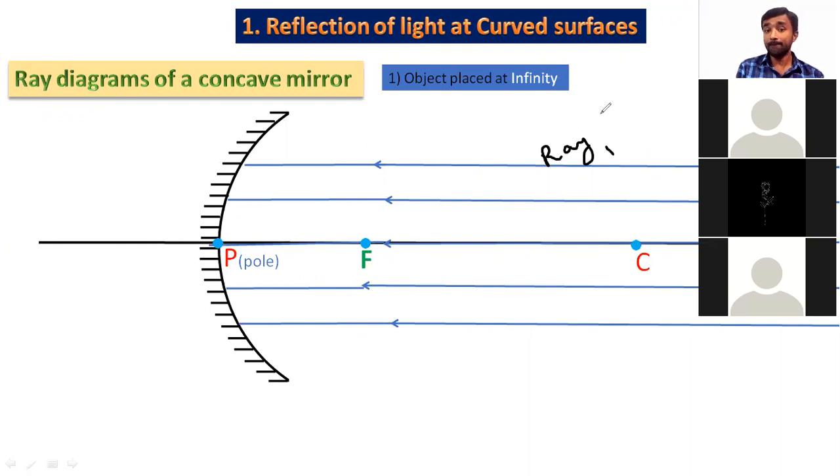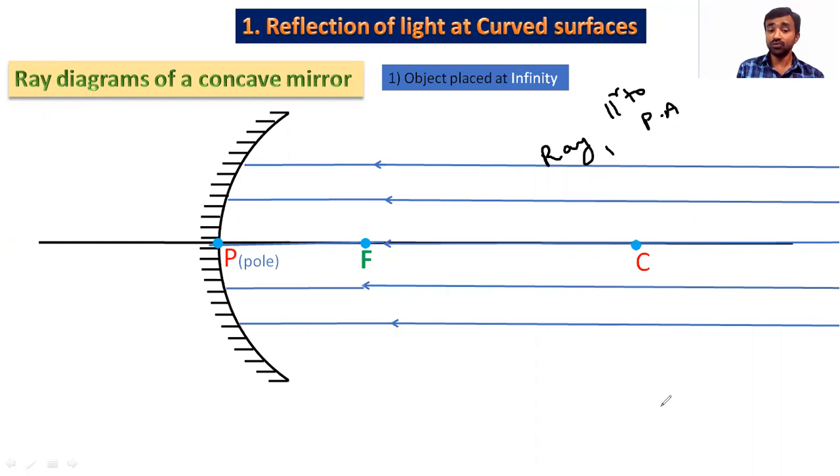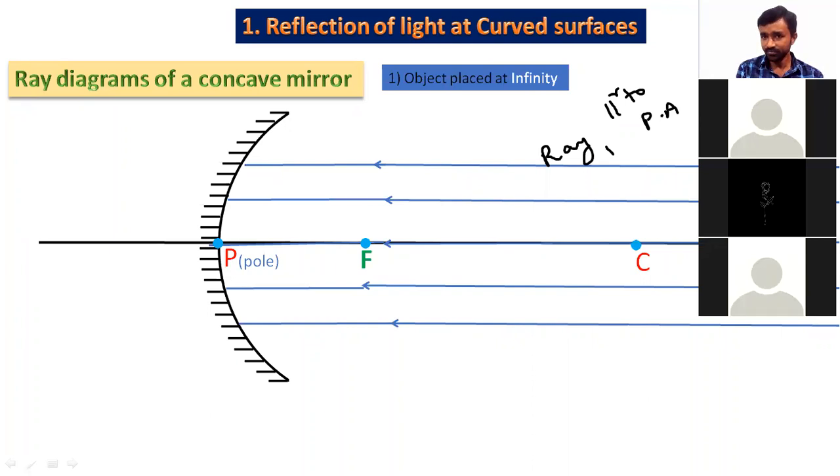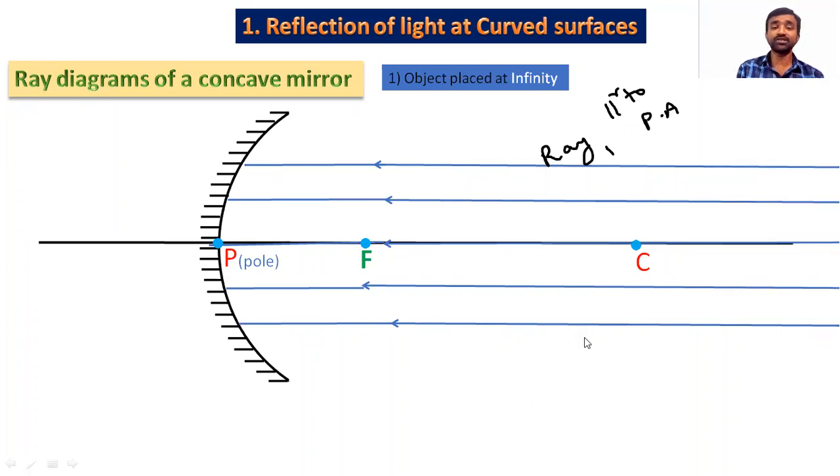Here it is parallel to the principal axis. So all are parallel to the principal axis. We already generalized: what happens if a ray is incident parallel to the principal axis on a concave mirror? After reflection, that light ray passes through the focus. Very good.